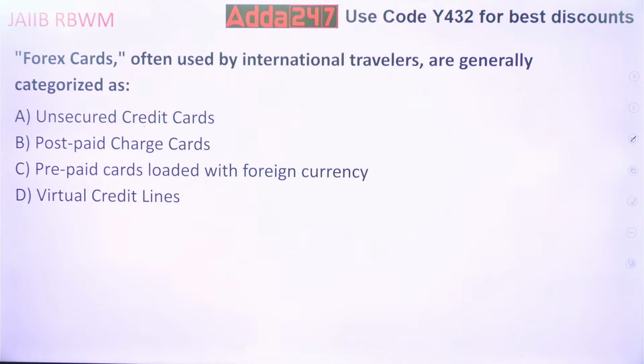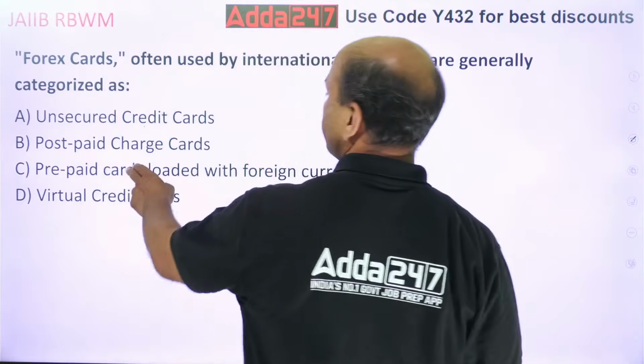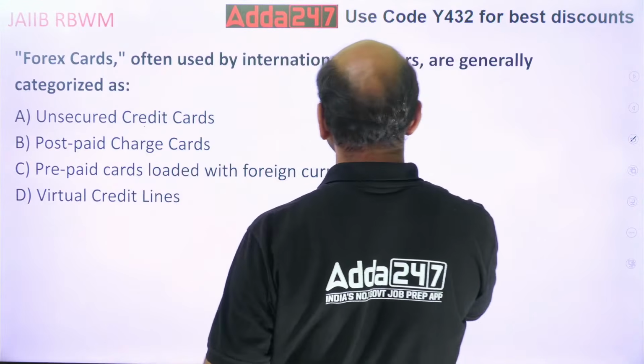What have we got? C. Okay? C is the answer. Correct answer is C. These are prepaid cards loaded with foreign currency.